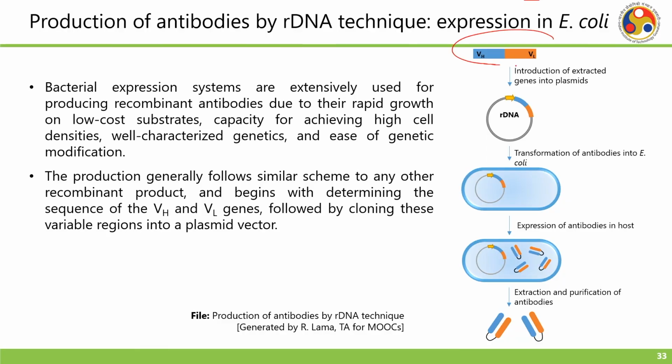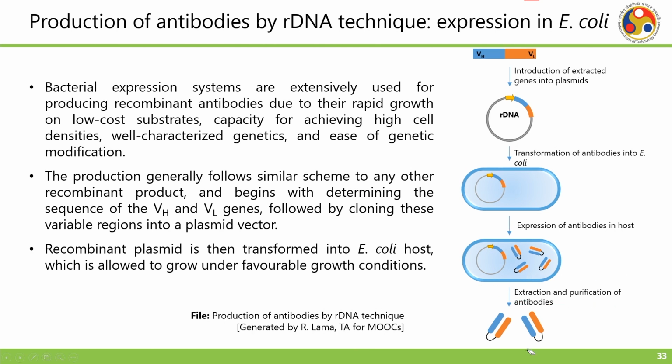So, we have this variable heavy and variable light, and these are introduced into plasmid, and these are transformed into E. coli. Then these are expressed, followed by extraction and purification of the antibodies.